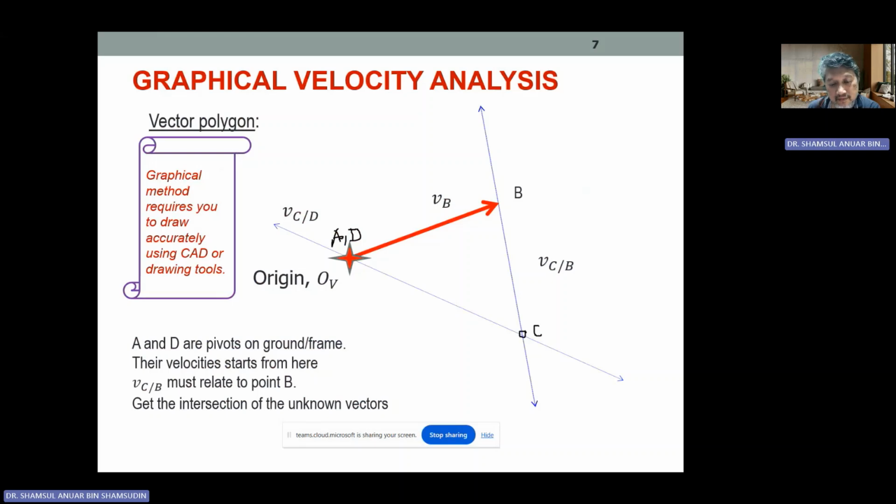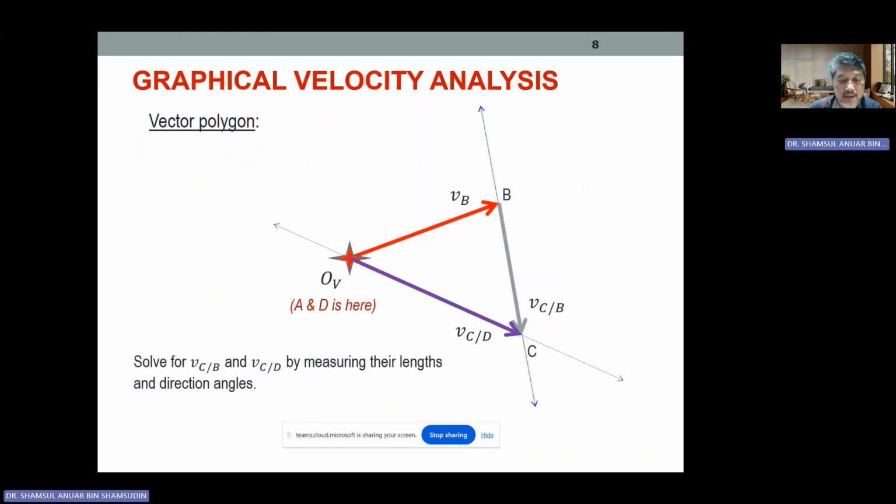So VCD, since it is related to the fixed pivot, needs to pass through this origin OV, whereas VCB is relative between point B and C, and needs to pass through point B in the velocity polygon. From there we get the intersection to get point C. Then we just finish up the two vectors, and now we know completely the direction as well as the magnitude.